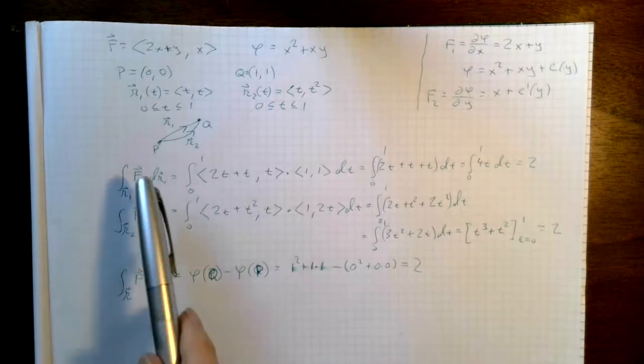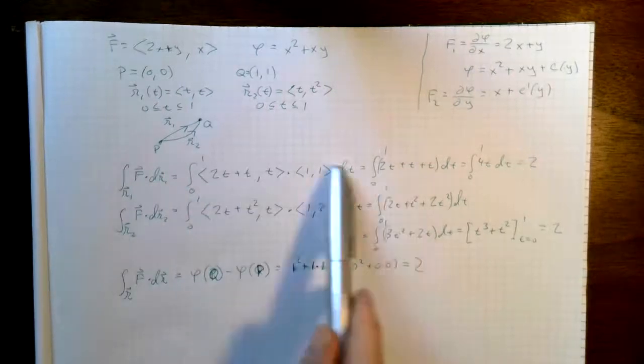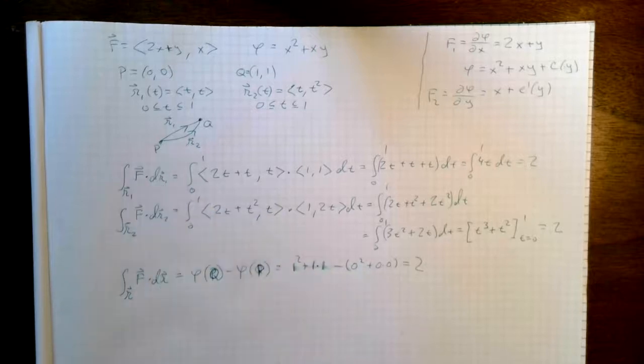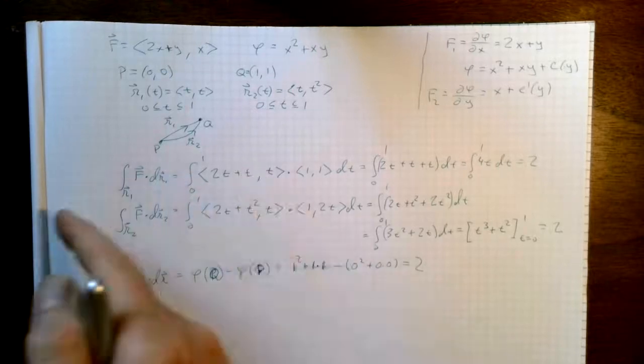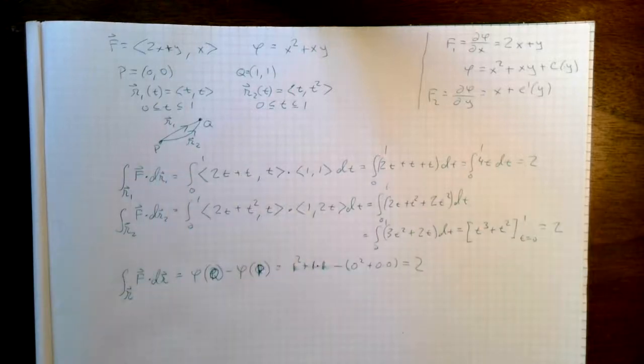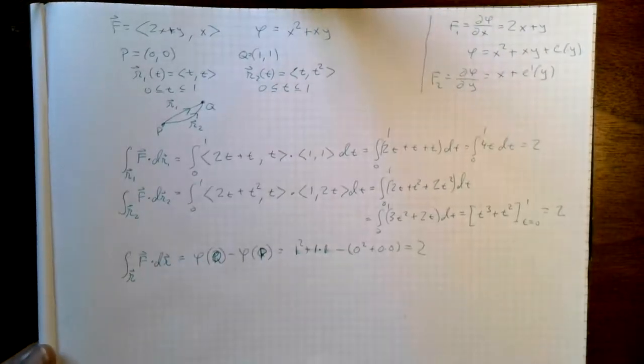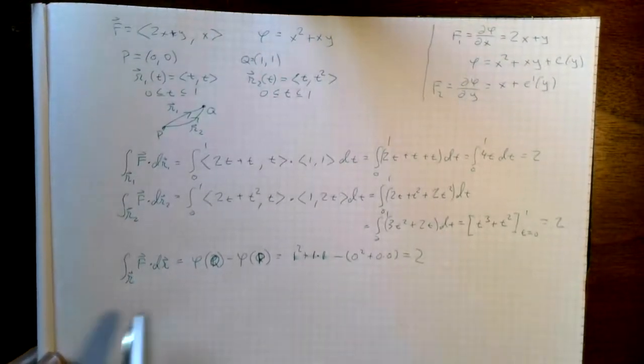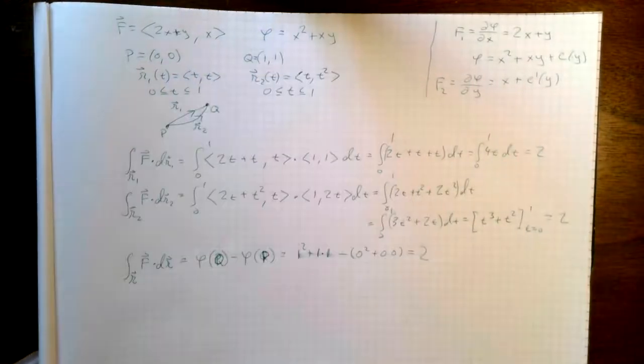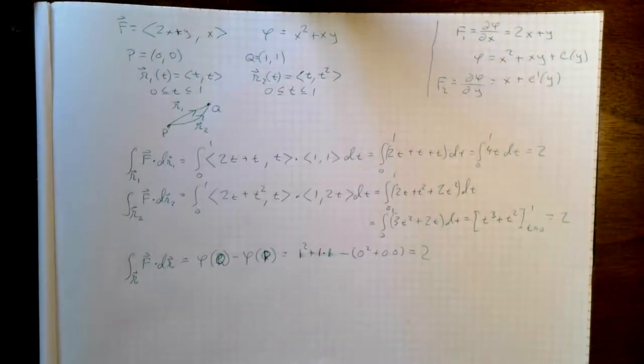I can compute this directly, just by plugging in. This is the way I would compute the path integral for any vector field. But if I have a conservative vector field, if I have a potential function, I can do it this way, and this is definitely easier once I have the phi.